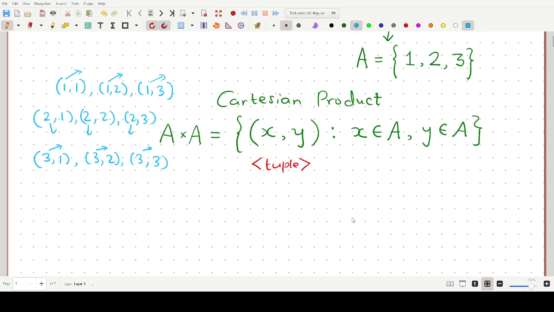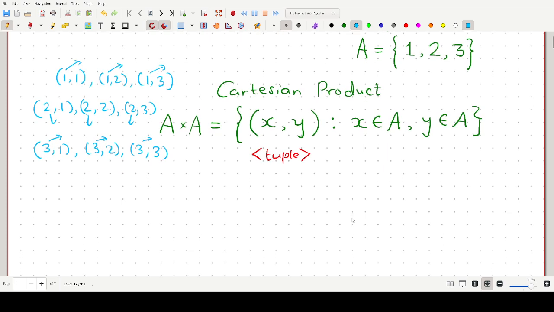So if we try to understand the number of elements in this Cartesian product, we should be looking at the cardinality of the set A raised to the power of 2.